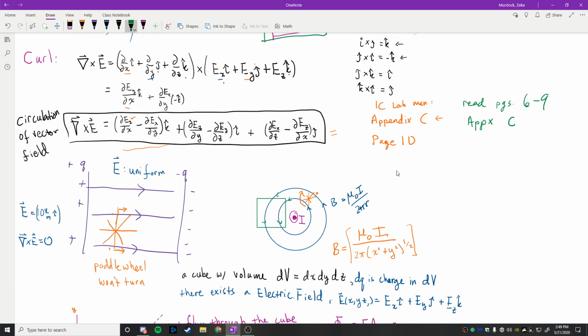So you can read all of Appendix C if you really find this stuff interesting, if you're just really interested in math. But at the very least, try to read pages 6 through 9. You don't need to understand all of it. Just skim through it and get a feeling for what's going on. And we'll talk about that next time. Does that sound okay to you guys?